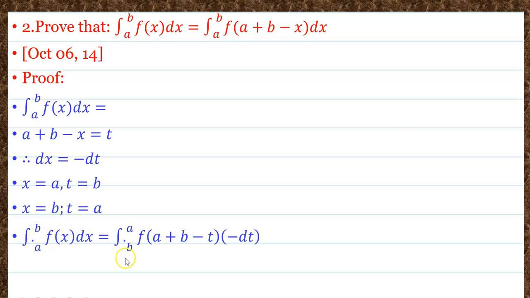आता या साइडला आपण इथे येणार, that is equal to, when x is equal to a, then lower limit changes to b, म्हणून आपण इथे b लिहिला, and upper limit changes to a, म्हणून आपण असं लिहिलं.